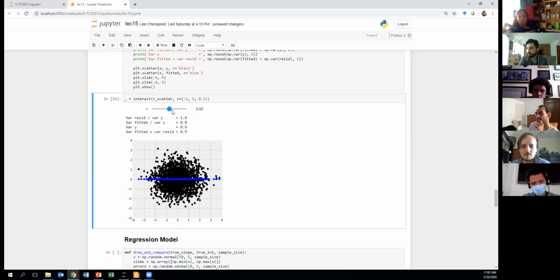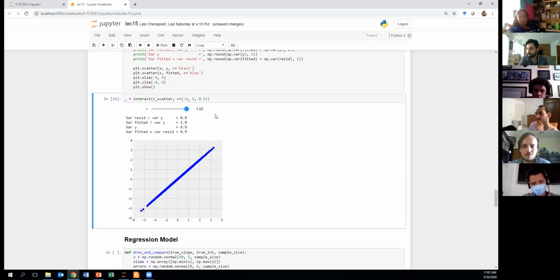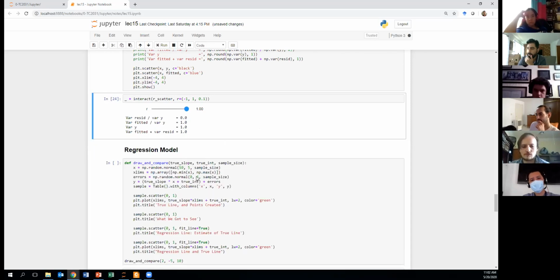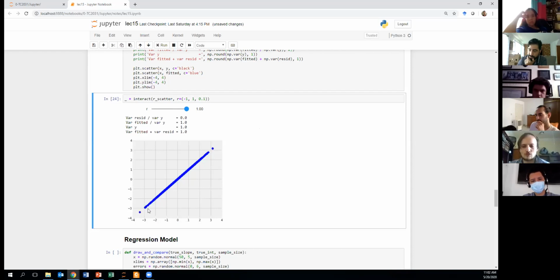So if I go towards 1, when my R is 1, my variance of residuals is 0. For example, in R0, you see all these black dots, my data. In 1, you don't see any, because actually they are there, but just below this blue line.